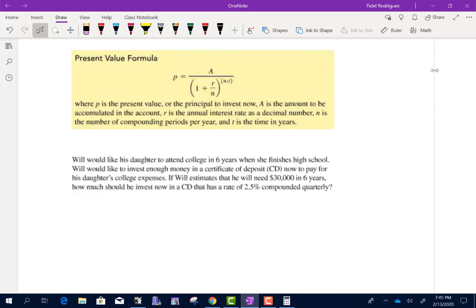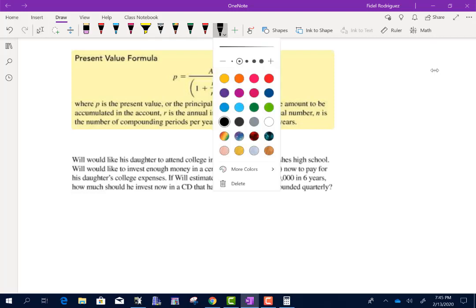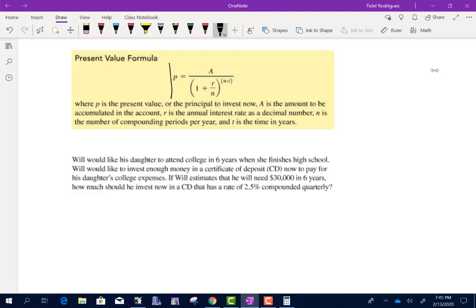Okay, so taking a look at this formula. Here's my formula. It says P is the present value, or the principal to invest now. A is the amount to be accumulated in the account, R is the interest rate as a decimal number, N is the number of compounding periods per year, and T is the time in years.